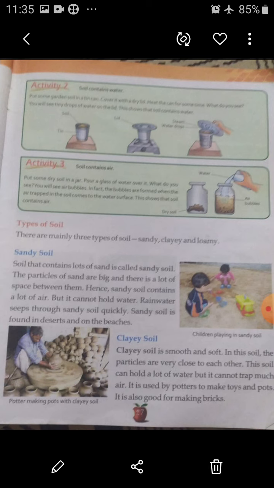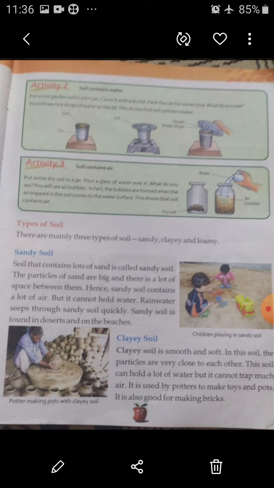Which color is sandy soil? Sandy soil is yellow, mostly gray, or brown in color. A lot of air is present in the space between the particles because sand particles are big in size. That's why the space between them is more.